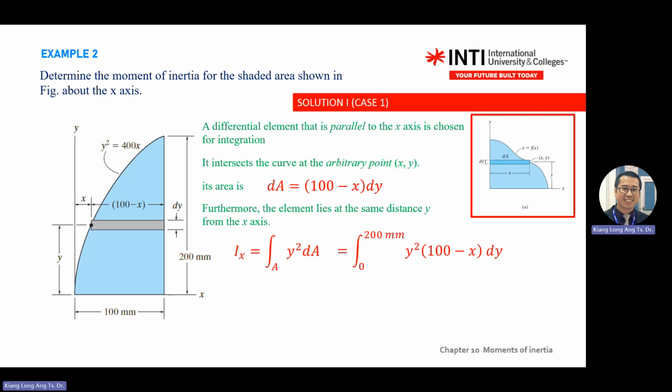For the limit, because you are integrating dy and not dx, the total length of y is from 0 to 200. This is your y. Because your step here is dy, your area is dy, so from 0 to 200 mm. You change from the area limit to the y limit. Then the rest is integration steps.